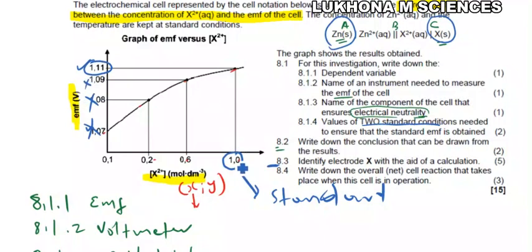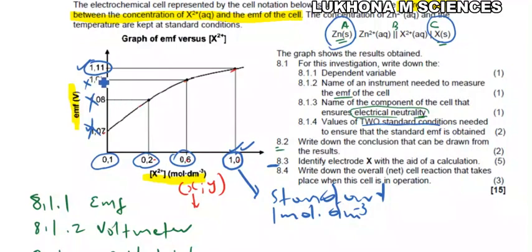The concentration is 1 here, therefore we're going to use that EMF, not this one, because the concentration here is 0.6, which is not standard. 0.2 is not standard, 0.1 is not standard, but this one is standard because we say the concentration must be 1 mole per dm cube. Then we say it's a standard condition.